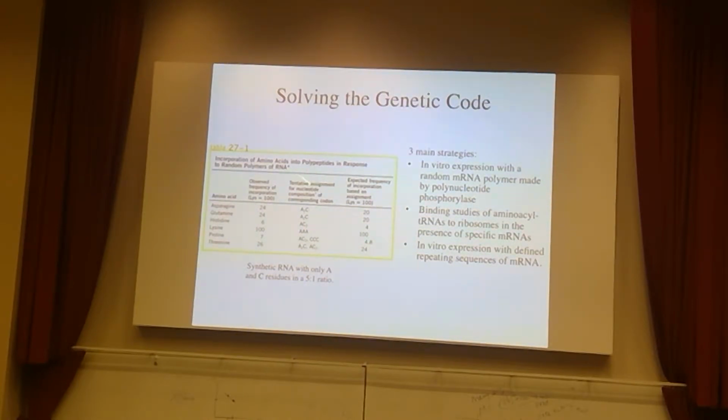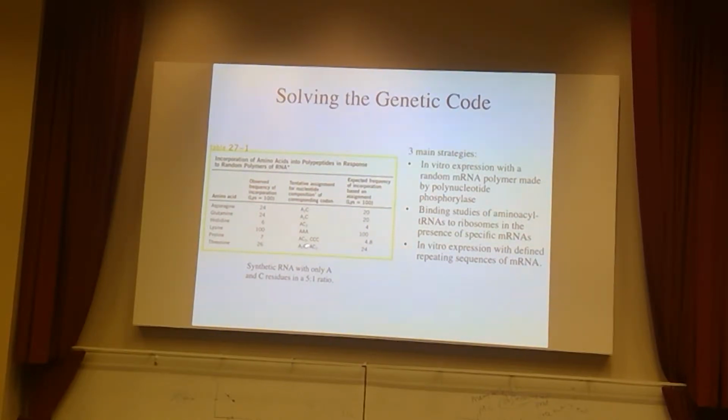That's the kind of experiment that was done. They knew the relative ratios of all the different codons that could be made from those 2 nucleotides. And if they defined the ratio, like A to C is 5:1, then they could come up with an expected frequency of incorporation of any particular nucleotide.